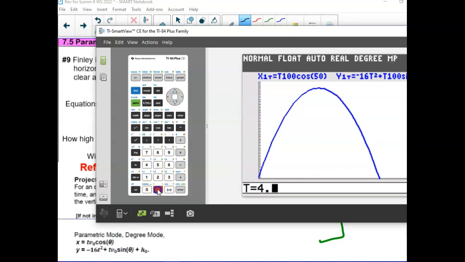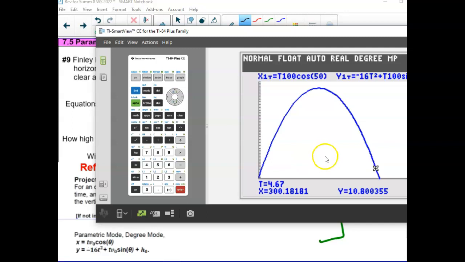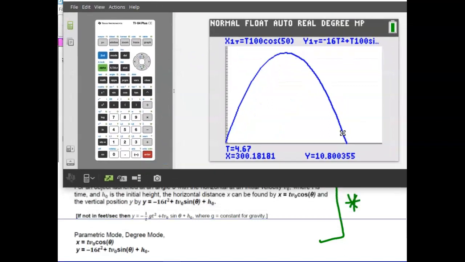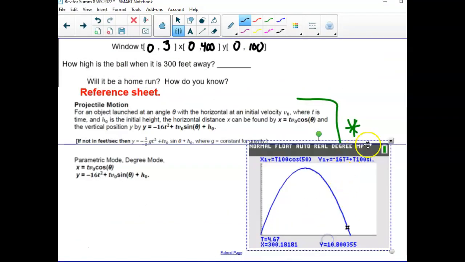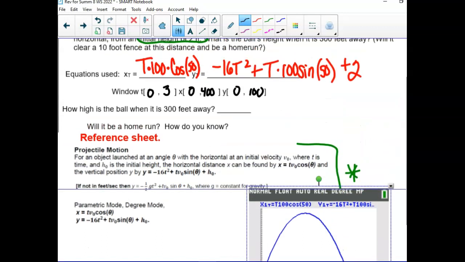I think 4.67 is about the best you can do. Again, I don't think you have to fiddle like this on the quiz. But if you get to 4.67, it's 300 feet away. And did it clear 10 feet? Yeah, just barely. Should go over the fence. Like I said, I don't think it's that close.